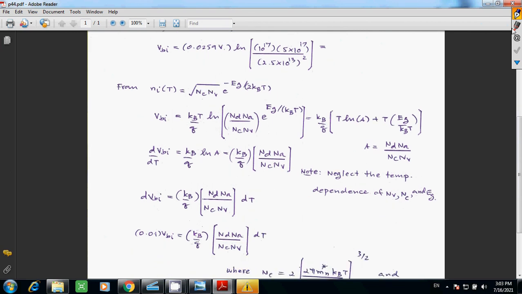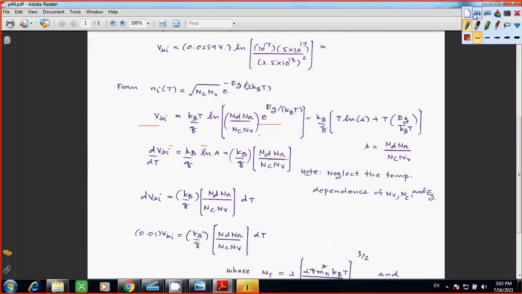Now, when you take into account the temperature dependence of Ni, you simply write VBI, you plug in Ni squared, right? Because VBI equals kBT over Q ln of ND NA over Ni squared. So this is actually Ni squared.